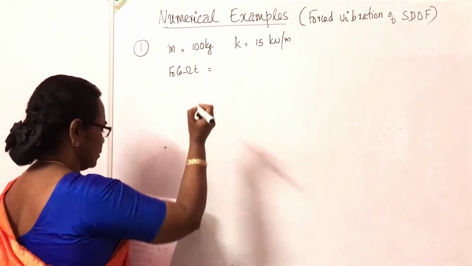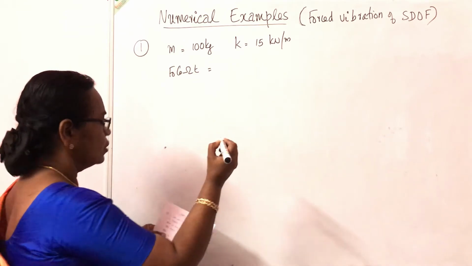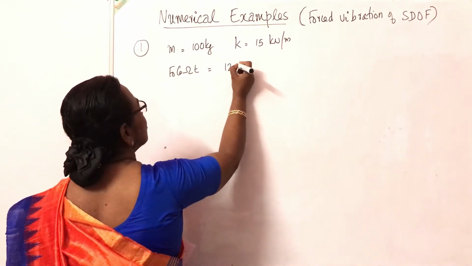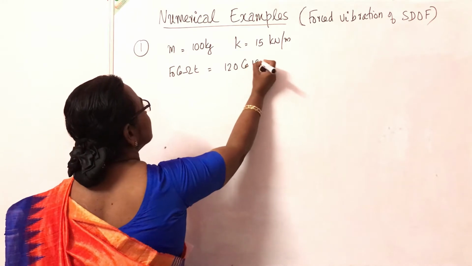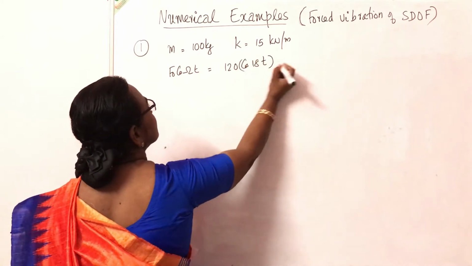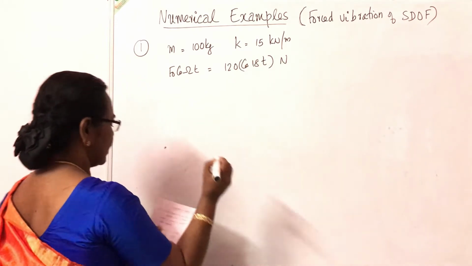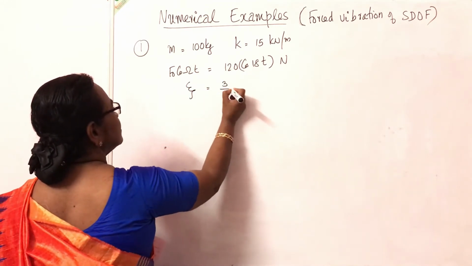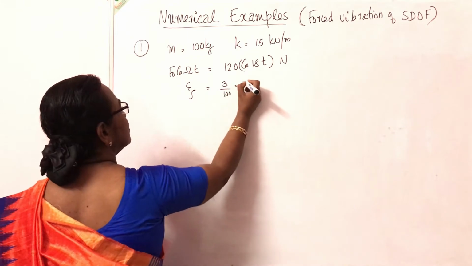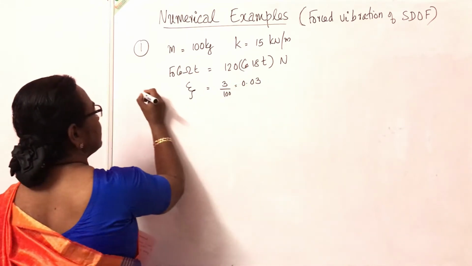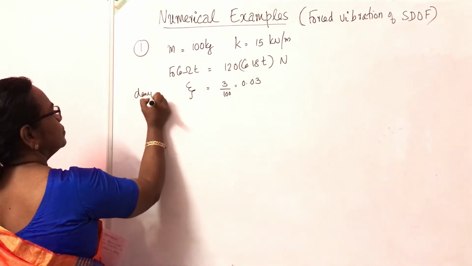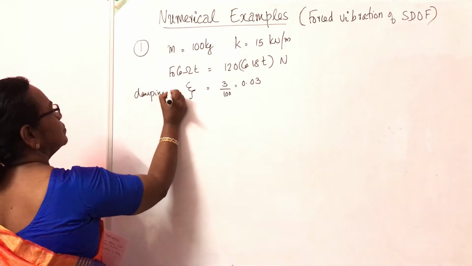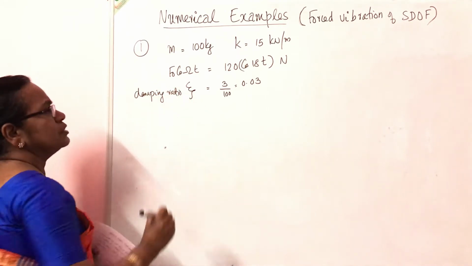The external load or the exciting force is given as 120 cos 18 t Newton. And the damping is 3%, so damping ratio is 3 by 100, 0.03. So this is the damping ratio. These are the given data.